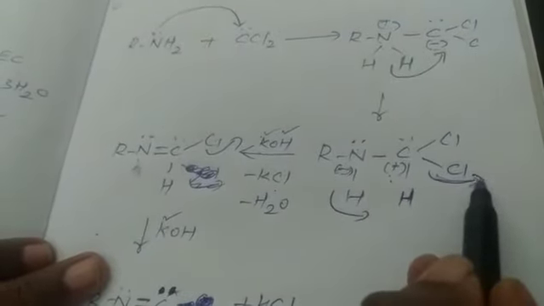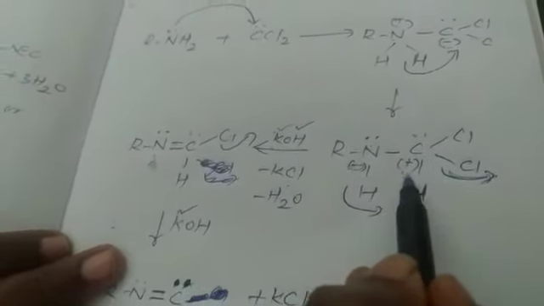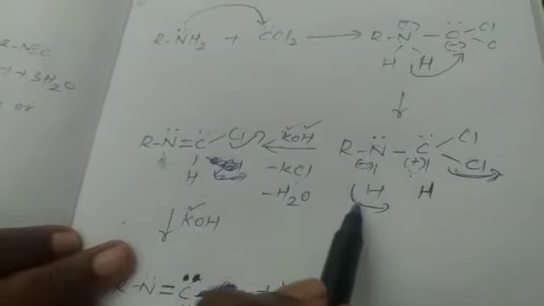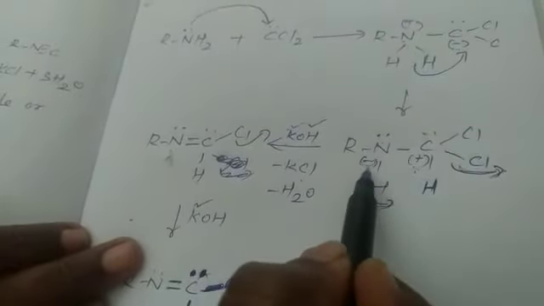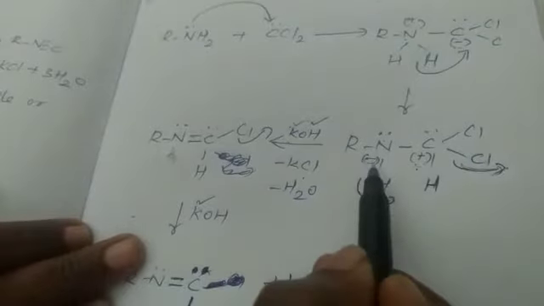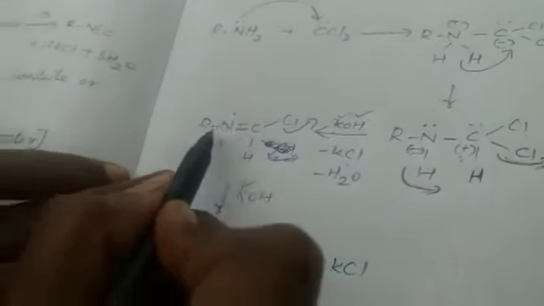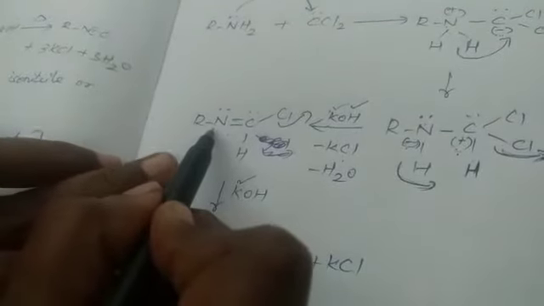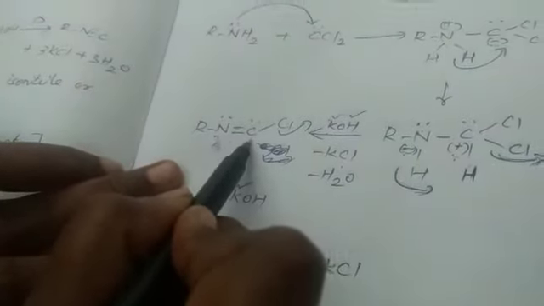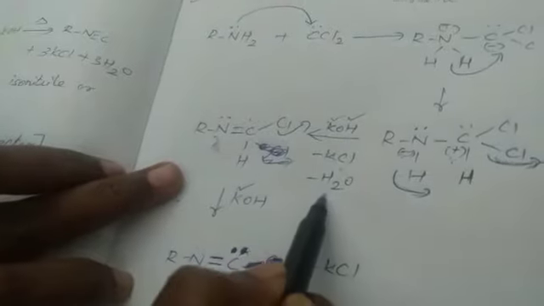By the removal of Cl minus, this carbon will have a positive charge. By the removal of H plus, this nitrogen will have a negative charge. This negative and this positive will form a double bond. So we form a double bond between this nitrogen and carbon by the removal of KCl and then water.